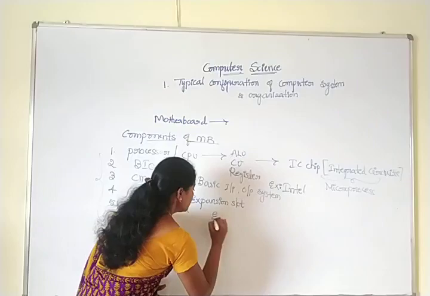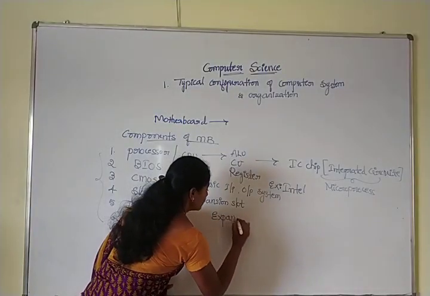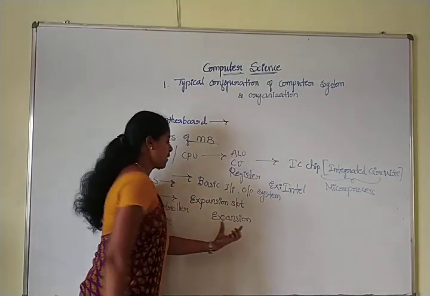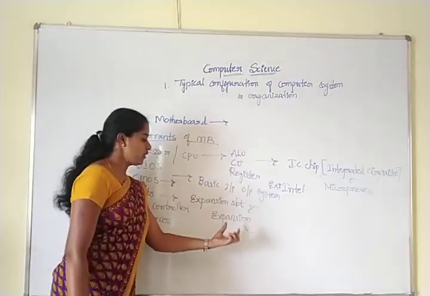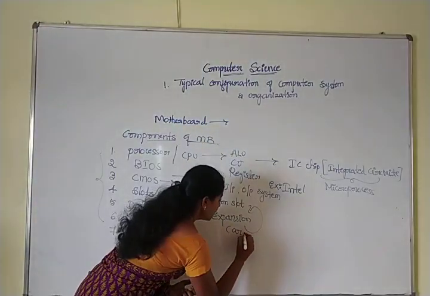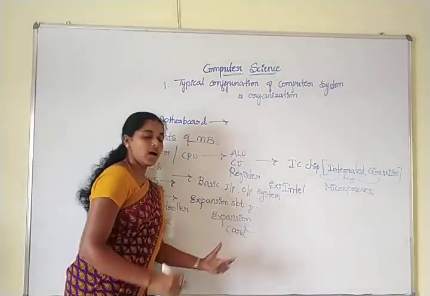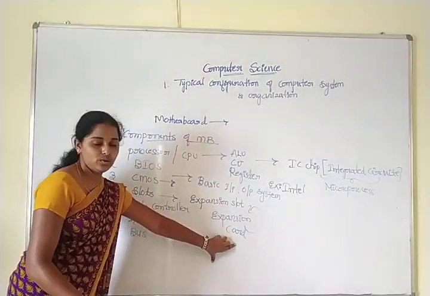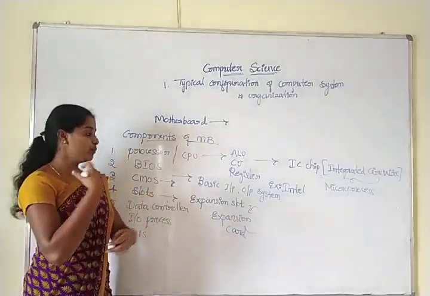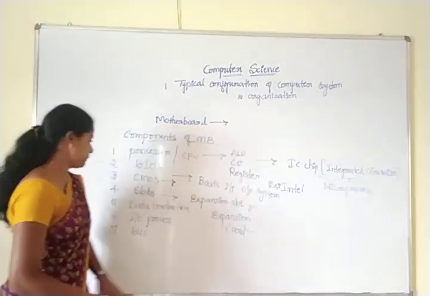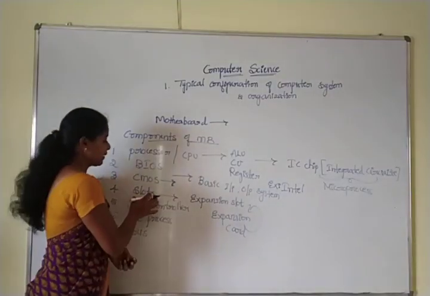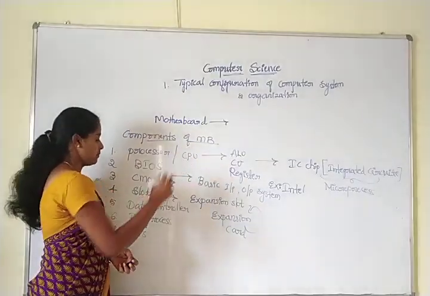The expansion card is inserted into this expansion slot. This expansion card gives additional features to a computer, and it also improves and increases the performance of a computer. There are different types of slots available in our motherboard.